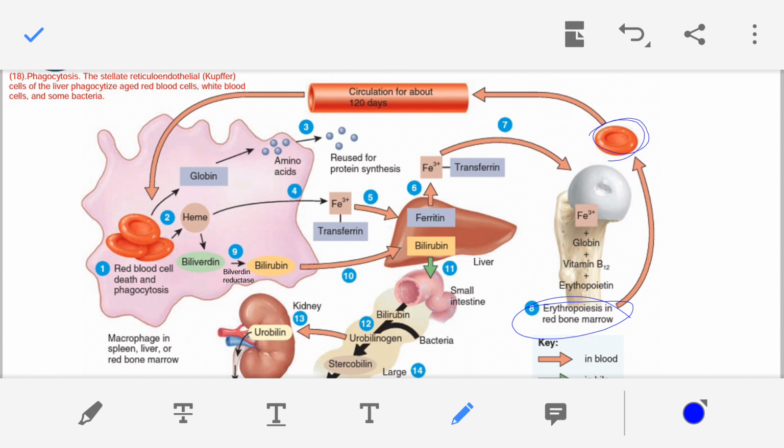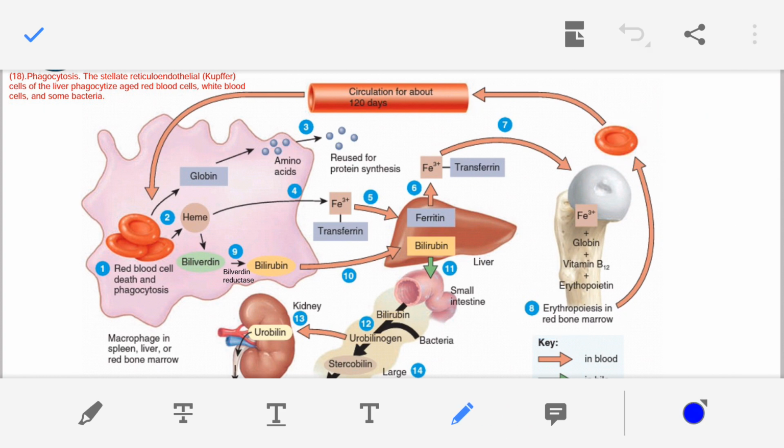Where are these RBCs going? They enter the bloodstream, the main circulation. So in our blood, RBCs are present. What is the function of this RBC? They are involved in the transport of O2 and CO2 in our body.